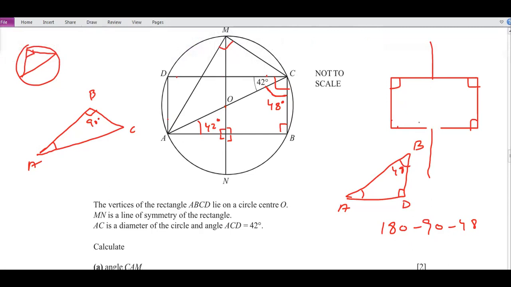If this angle is A, this will also be A. If this is B, this will also be B. This is in the rectangle. Okay, if this is 48, so it means this will also be 48. It was pretty simple. So after finding this one as 48, sorry, what happened?